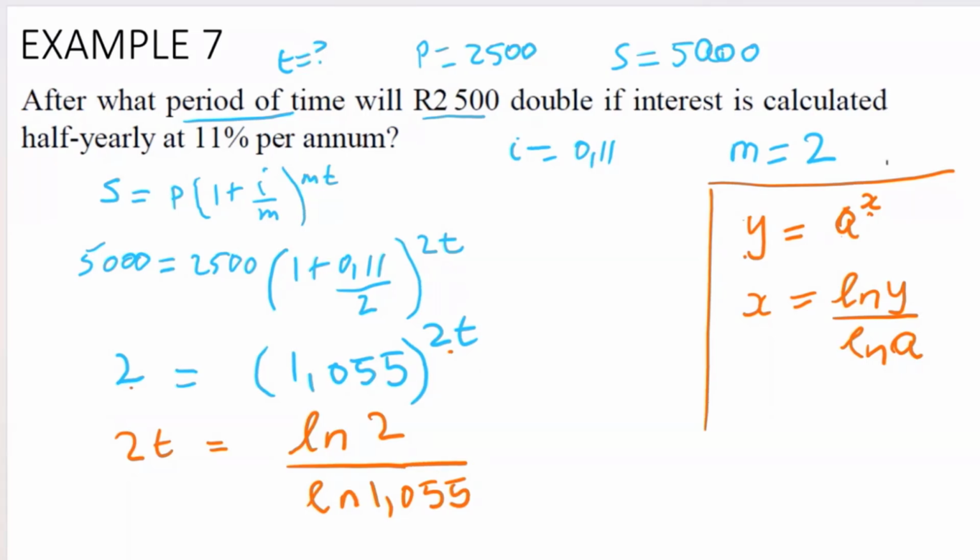Okay, so you plug this thing into your calculator. You press ln 2 divided by ln 1,055, and after you've done that, you divide by 2. So after you've divided by 2, this would imply that your t is going to be equal to 6,47.